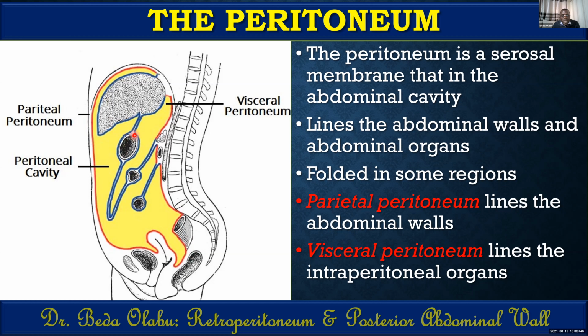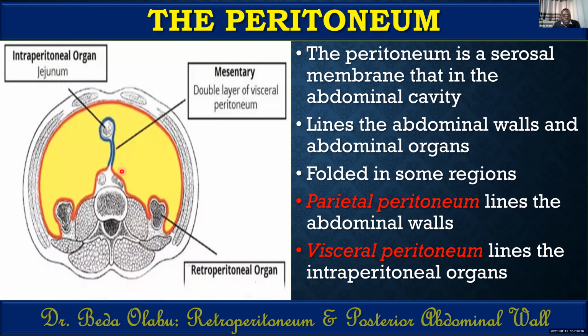The layer of the peritoneum that lines and suspends the abdominal organs is what we call the visceral layer of the peritoneum. So understand that the red one here represents the parietal layer and the blue represents the visceral layer of the peritoneum.